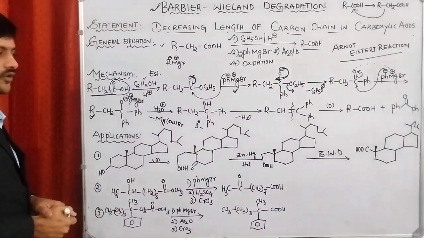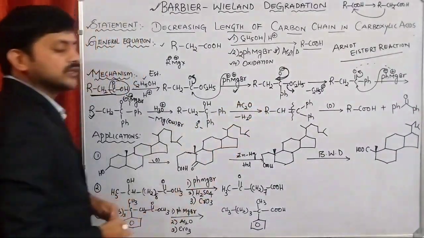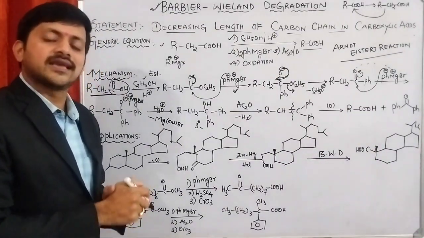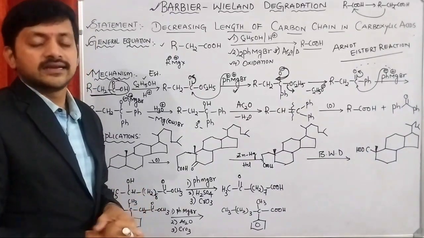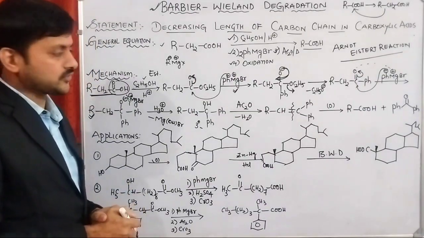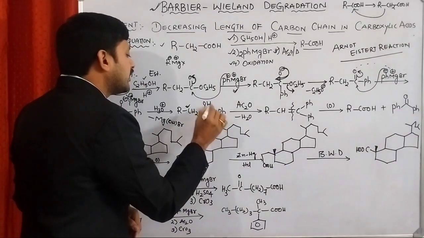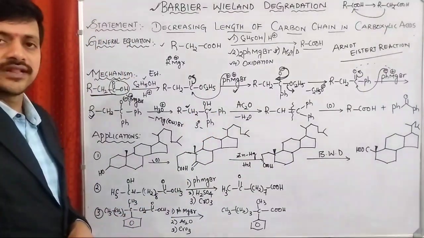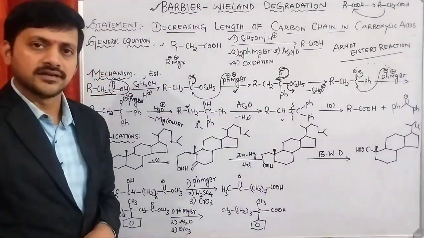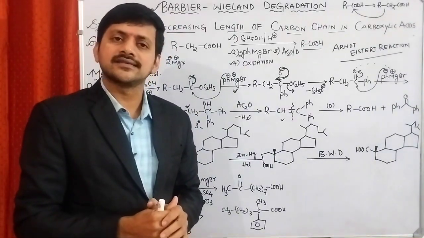This tertiary alcohol is subjected to dehydration using acetic anhydride. We know that acetic anhydride is sometimes used as an acylating agent and sometimes as a dehydrating agent. In this particular case, it is used as a dehydrating agent. Hydrogen from this carbon and OH from this carbon are removed in the form of H2O, and we come up with an alkene. We have different oxidizing agents to oxidize alkenes.